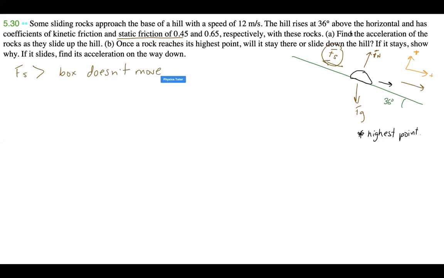That makes sense, right? Because if static friction is greater, then it's not moving. However, if static friction is less than any force that's acting in this direction, then the rock is going to slide down.